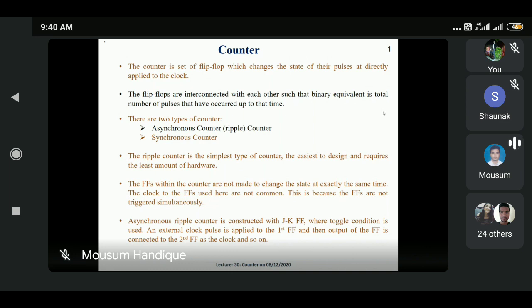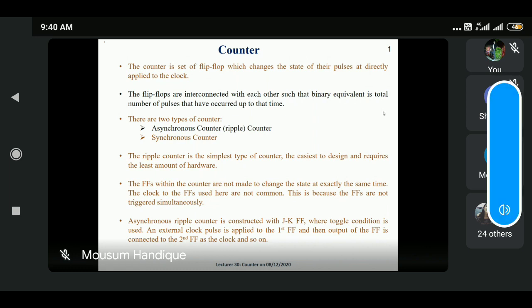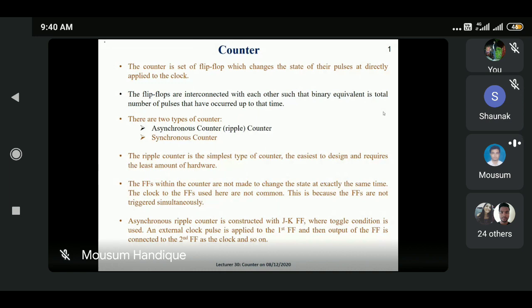A few seconds ago I said "in a meaningful way." What is meant by meaningful? When we apply the clock signal every time, the flip-flop gives some information based on the clock signal, and that information is directly related to the time signal.